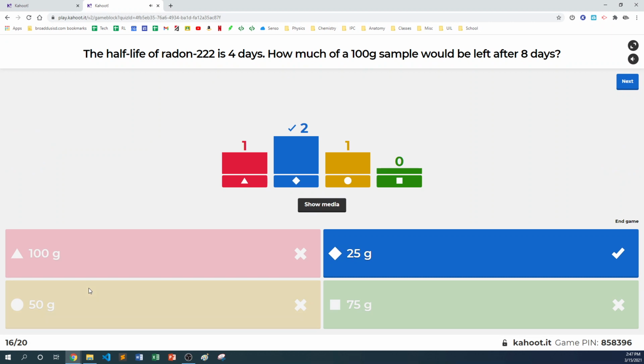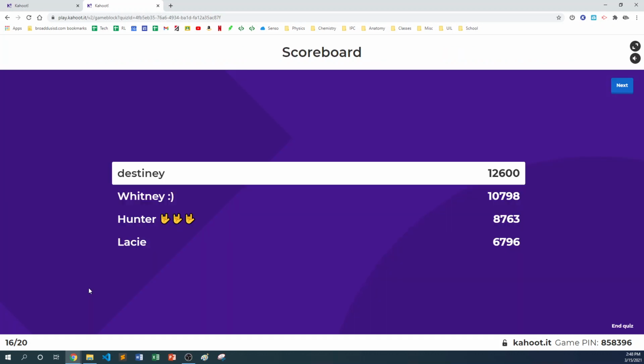I didn't know how many half-lives. So the half-life is 4 days. So how many times can 4 days fit in 8 days? Oh, 2 times. So that means you're going to halve it twice. You're going to go from 100 to 50 in 4 days, then from 50 to 25 in another 4 days. I didn't think of it that way.